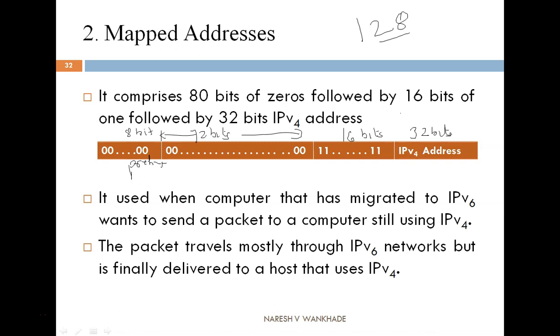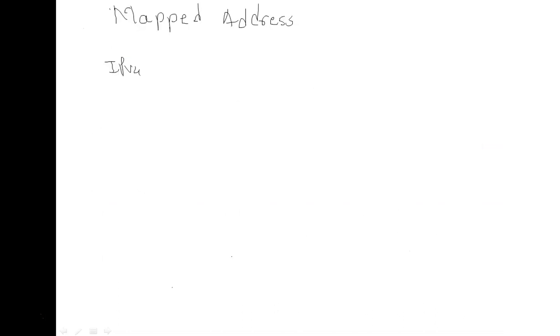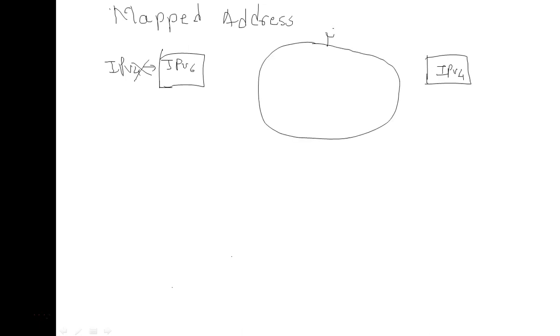It is used when a computer that has migrated to IPv6 wants to send a packet to a computer still using IPv4. The packet travels mostly through the IPv6 network but is finally delivered to a host that uses an IPv4 address. The mapped address is used when a computer that had an IPv4 address has now migrated to an IPv6 address and wants to send a packet to a computer that uses an IPv4 address.